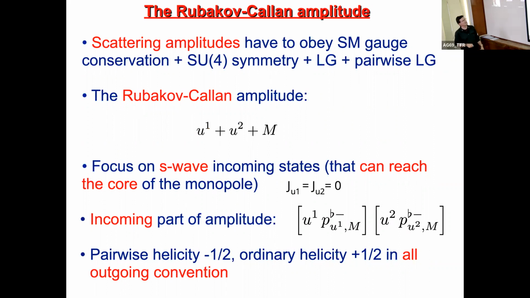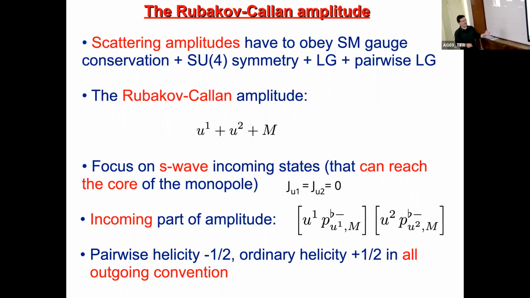So I'm very, very sad about his passing a few months ago. Anyway, this is essentially the scattering of the proton on the monopole. So you take here two of the quarks out of the proton, and here we are focusing on the S wave incoming state such that both of these can reach the core of the monopole.